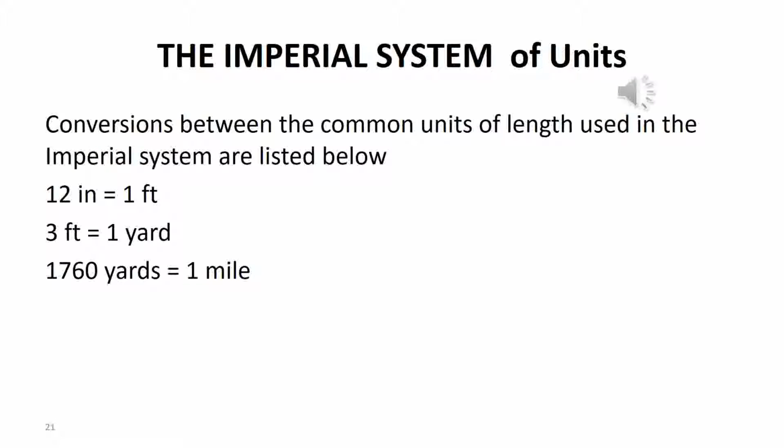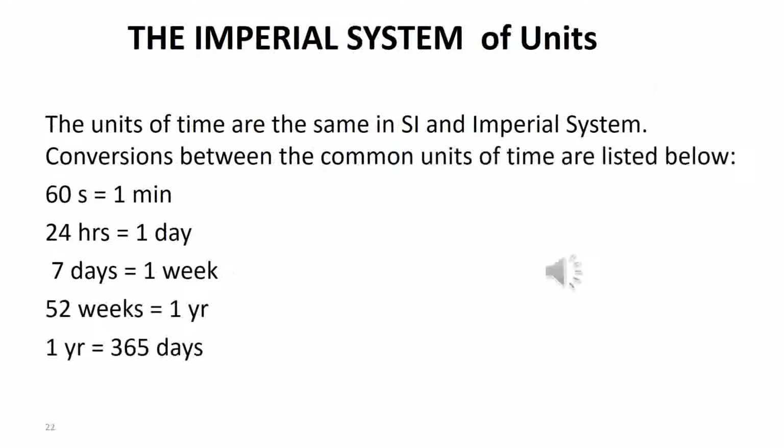Conversions between the common units of length used in the imperial system are listed below. 12 inches is 1 foot, 3 feet is 1 yard, 1,700 yards is 1 mile. The units of time are the same in SI and imperial system.